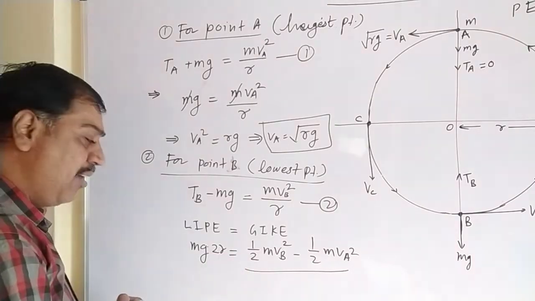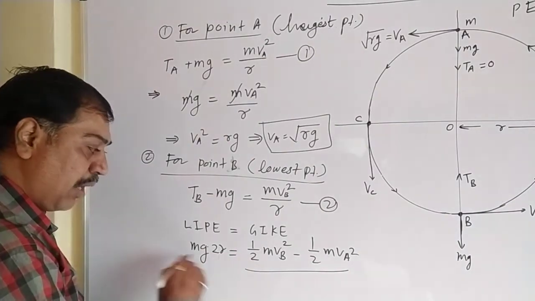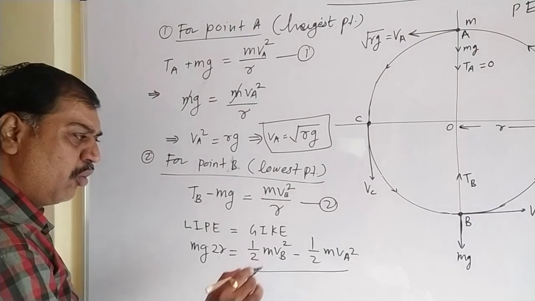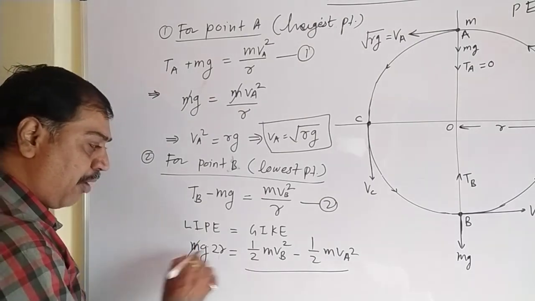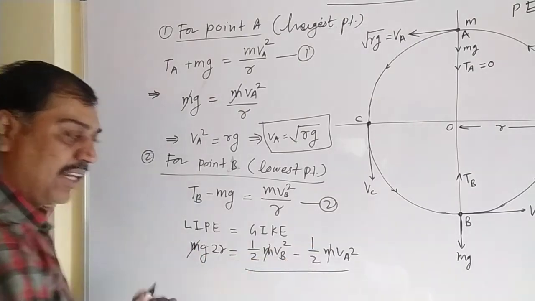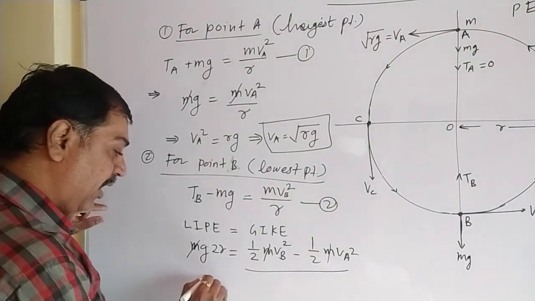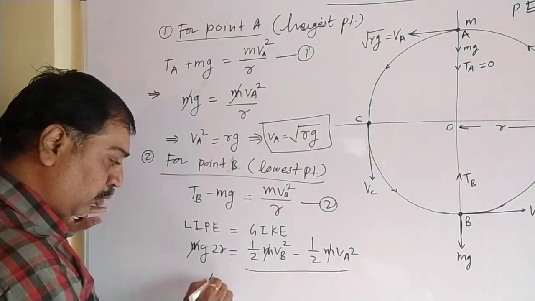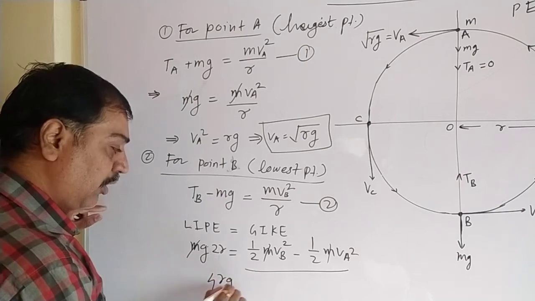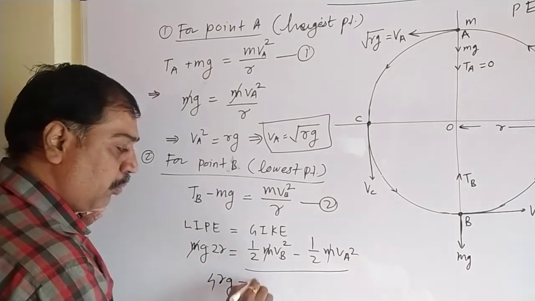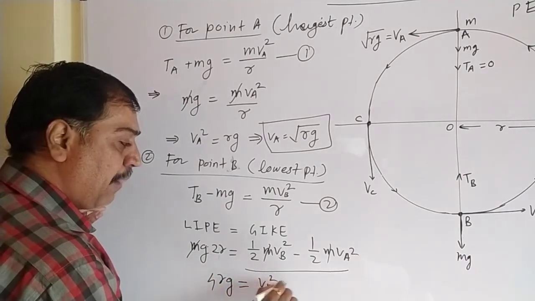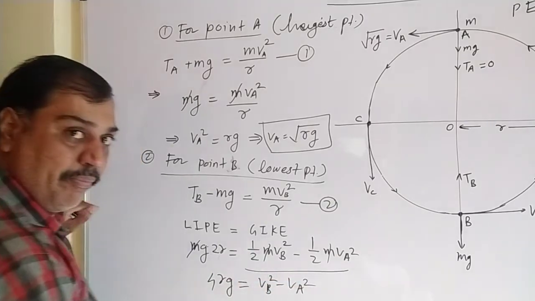Multiply both sides by 2. What we get here is 4, 2 into 2, 4rg equal to vb square minus va square.